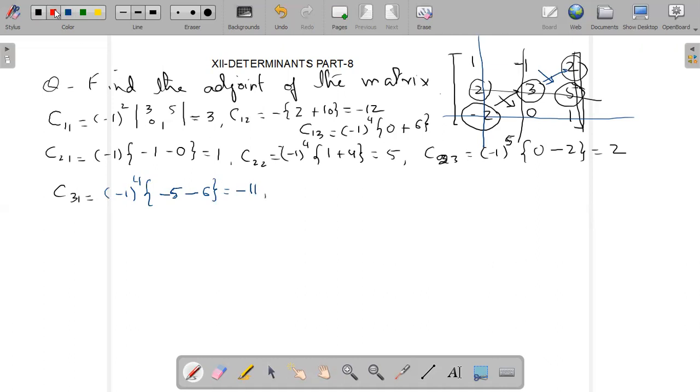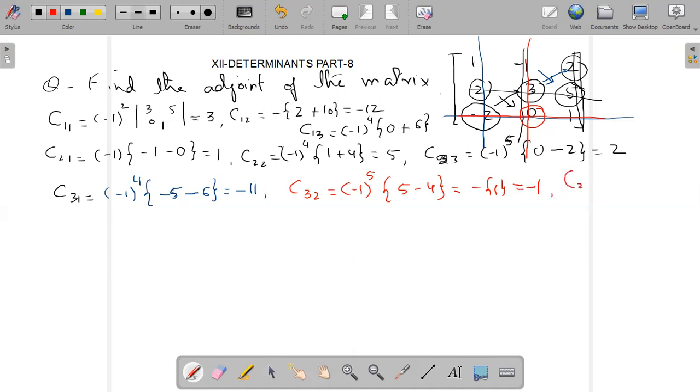Then C32: delete its row and column, multiply with minus 1 raised to power 3 plus 2 is 5, a negative number. 1 into 5 is 5 and minus 2 into 2 is 4, 5 minus 4 is 1, but the outside minus is also there, so the answer is minus 1.